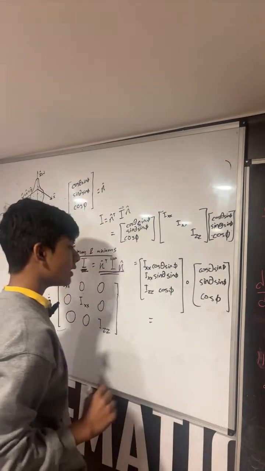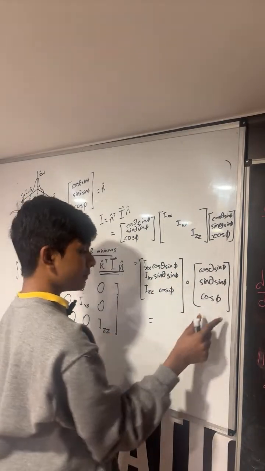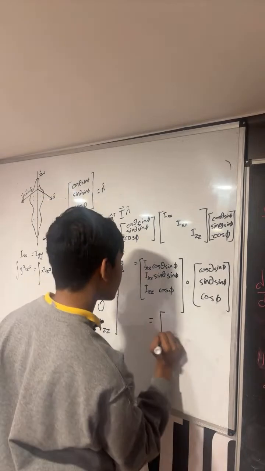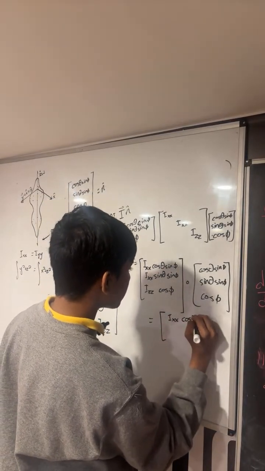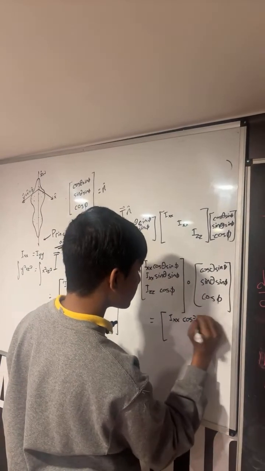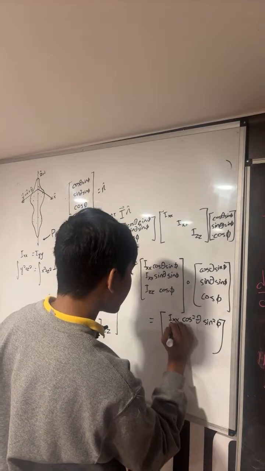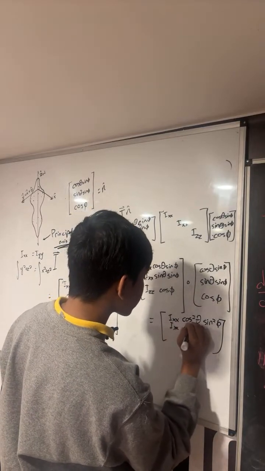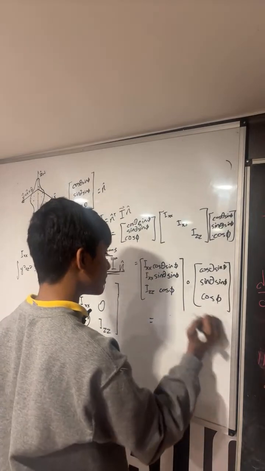Well, you have to realize that this is kind of just multiplying the vector by itself, sort of. So you have IXX cosine squared theta sine squared phi, IXX sine squared theta... oh crap, it's not a vector. What am I talking about?